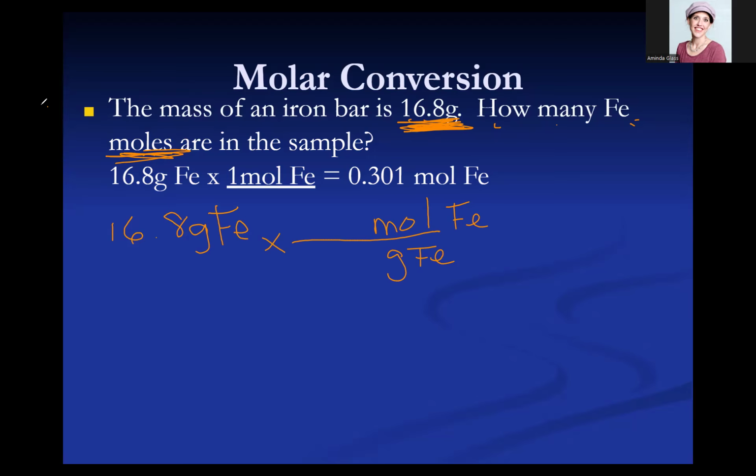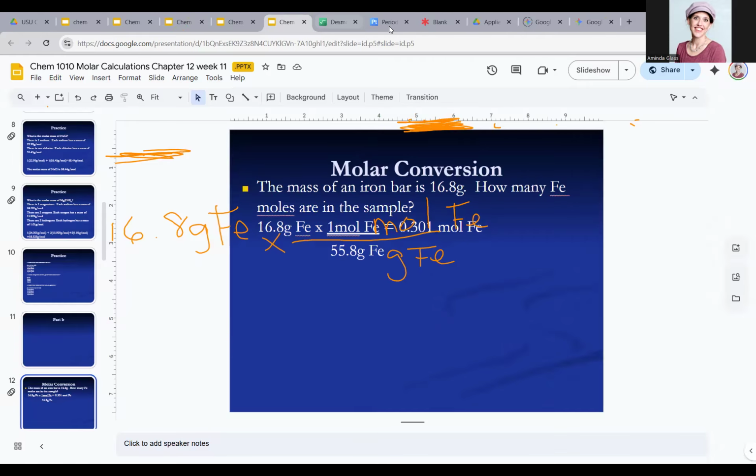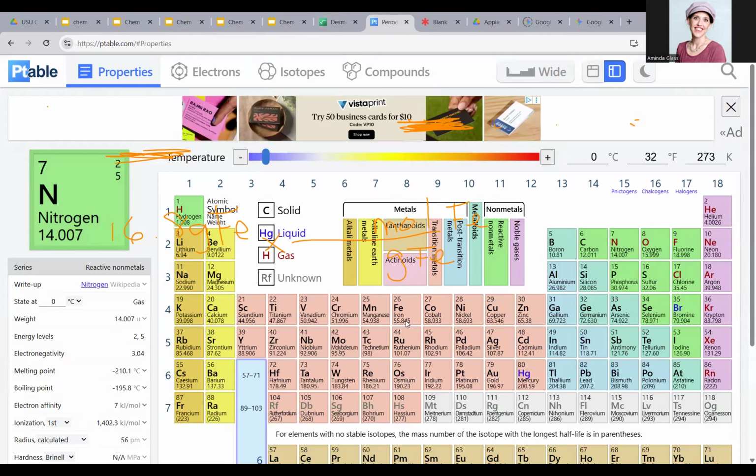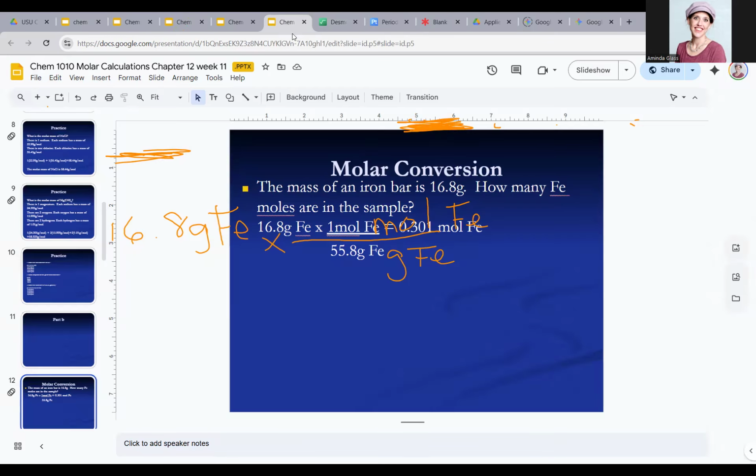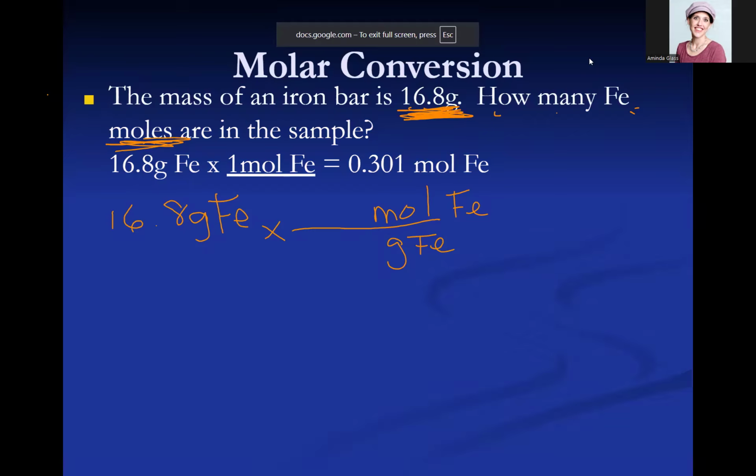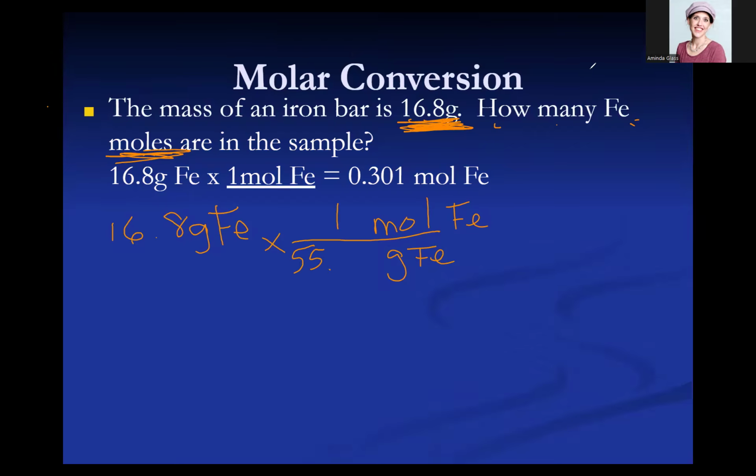Now this is where we need to look at the periodic table. And we go to the periodic table, find the mass of iron, 55.845. One mole has 55.845 grams of iron in it.